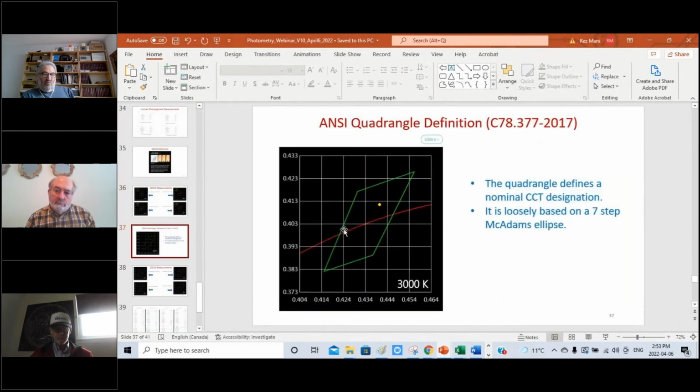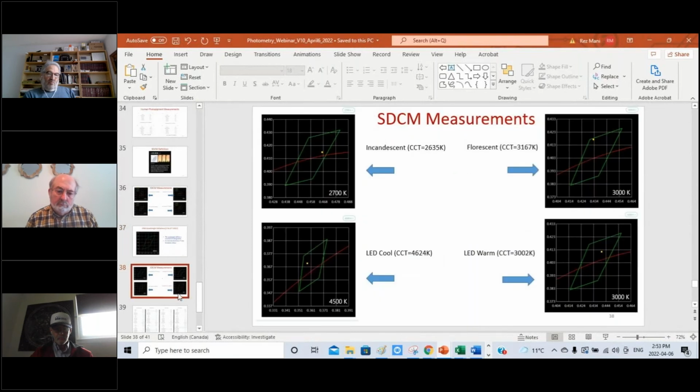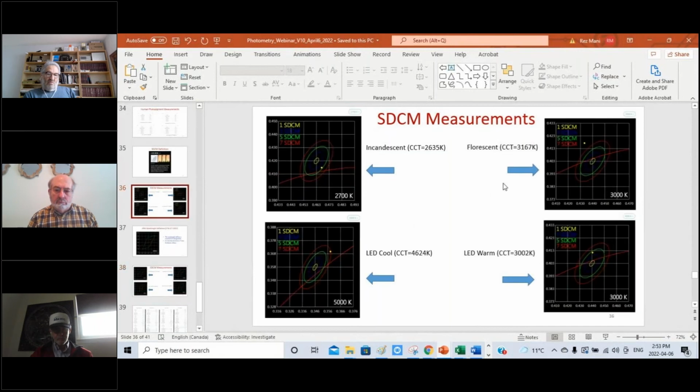So anything within the boundary of this is like 7 SDCM McAdams ellipse. And when we look at it, we can see incandescent is well within, and these two are kind of on the boundary, and the warm LED is also well within, which is coincident to the SDCM measurement, the other measurement.